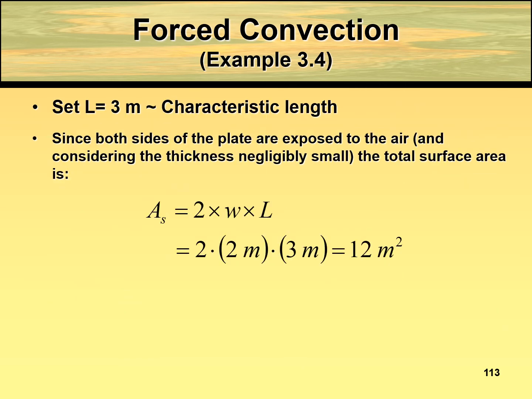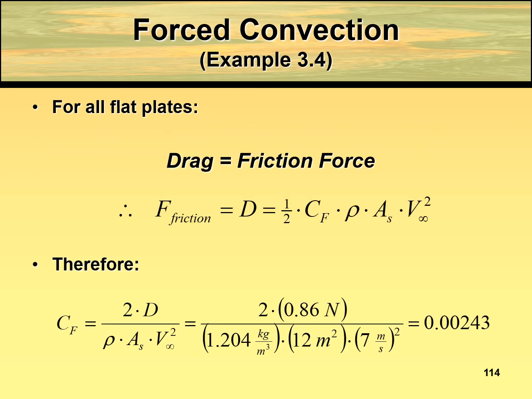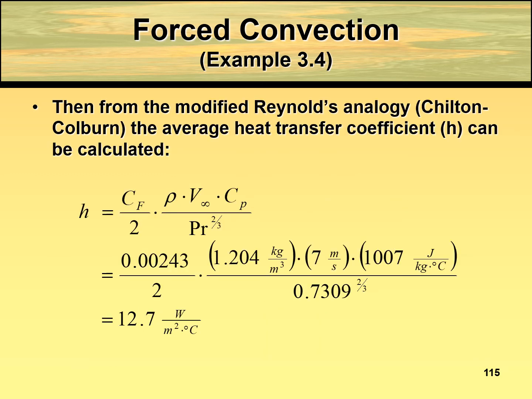It is only applicable for the flat plate. This is an example you can look at, where the calculation for the drag force is given by this one, where the friction coefficient is given by this one, and then applying the previous equation, we can get the result.